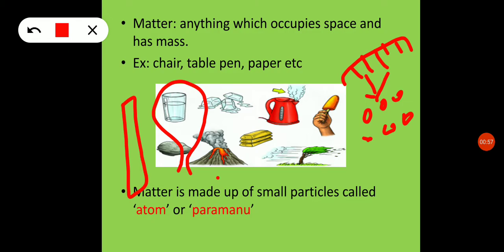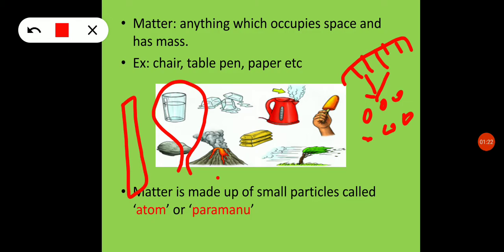What do you observe? From this activity we can conclude that on rubbing two objects together, they produce electricity, or we can say they become electrically charged. Yes. So where does this charge come from?